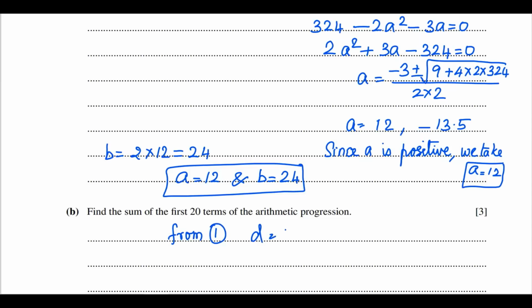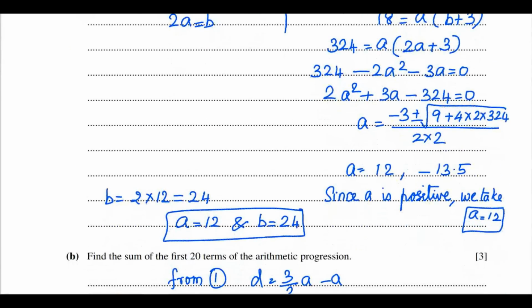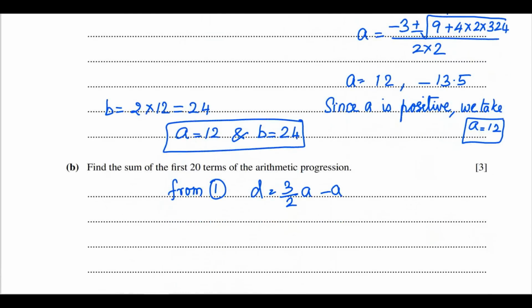D is equal to 3 over 2A minus A, which is equal to A over 2. So 12 over 2 gives 6. So D is equal to 6.